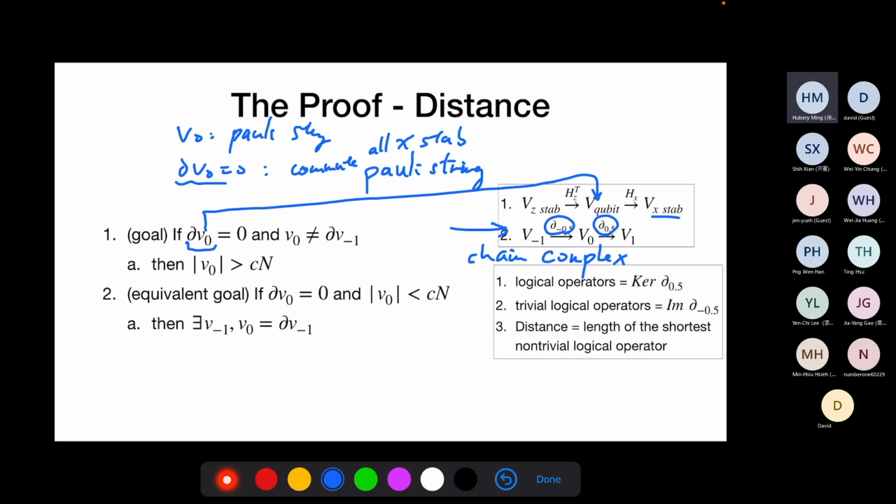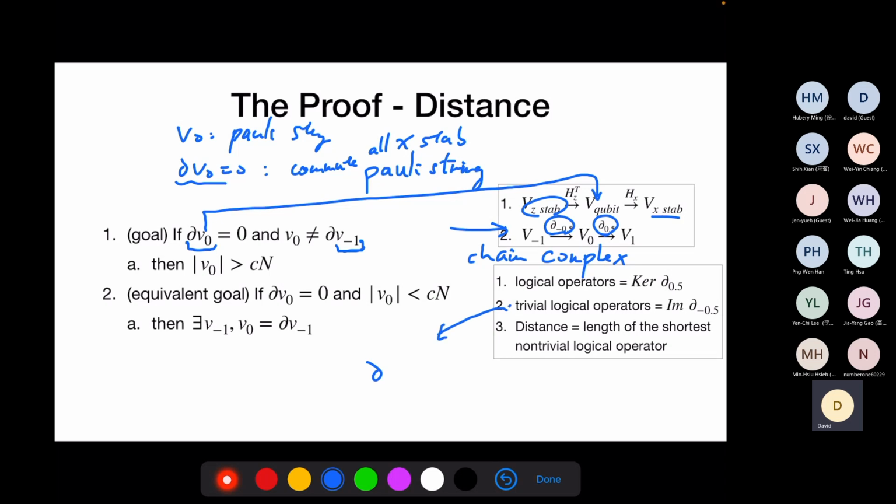And mu-1 is before the Pauli string or after? Yeah, so mu-1 corresponds to the generating set of the Z stabilizer.